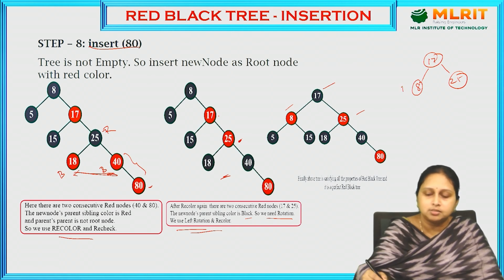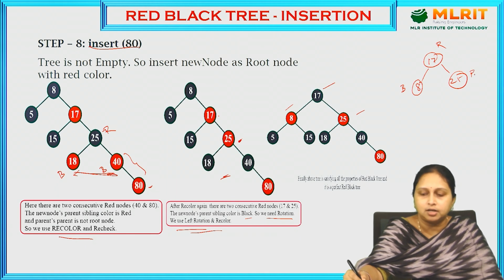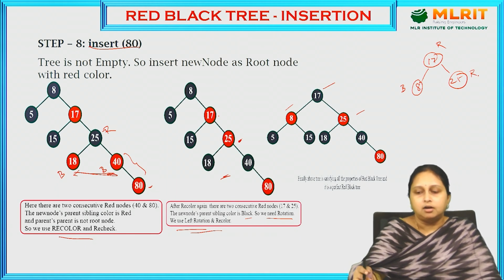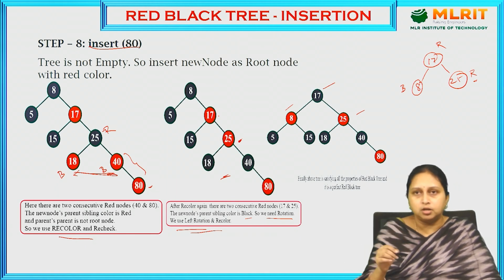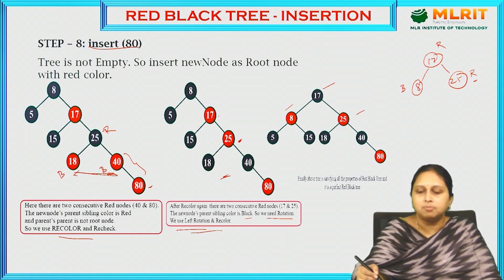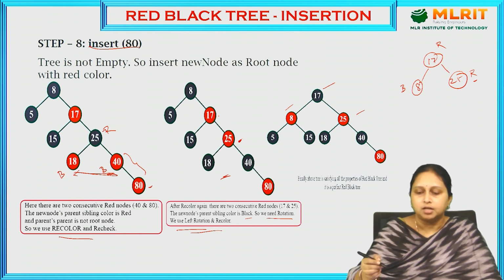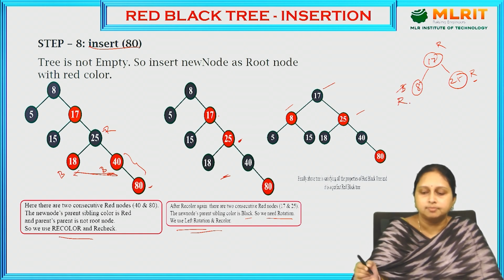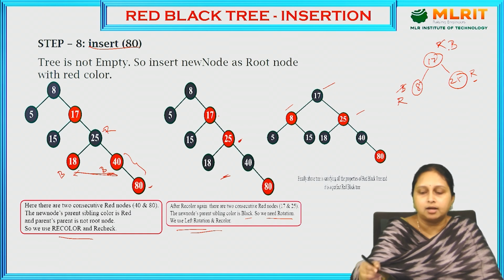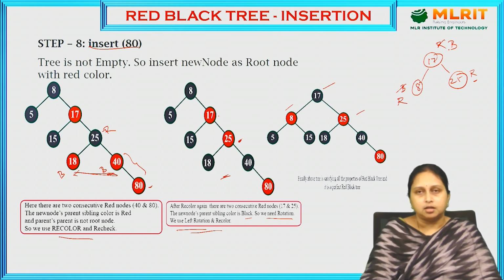Now this is already black, 17 is red and 25 is red. Don't consider the new node which you have taken; the remaining nodes have to be recolored. Now this should become red and this should become black. Okay, done.